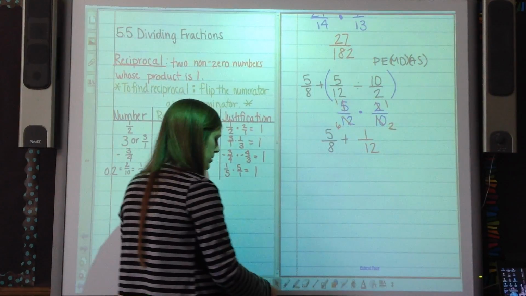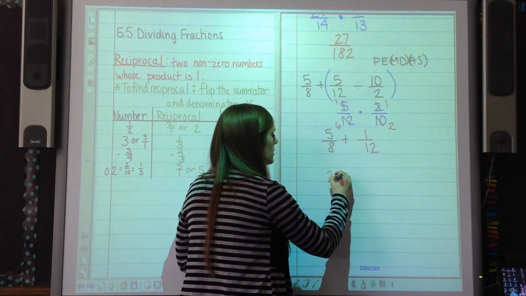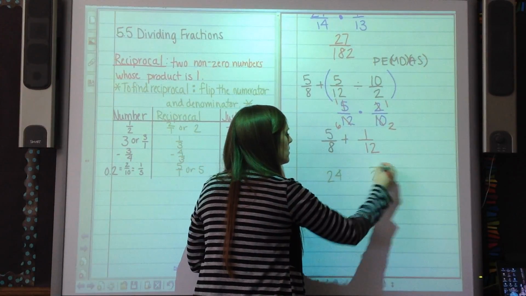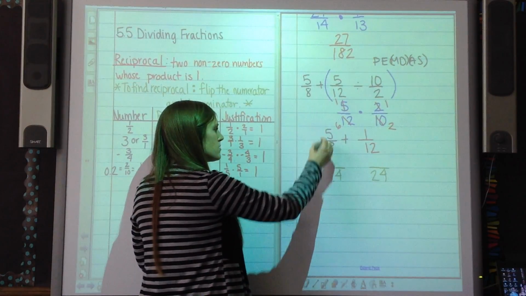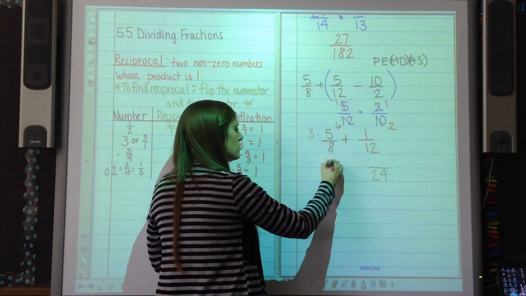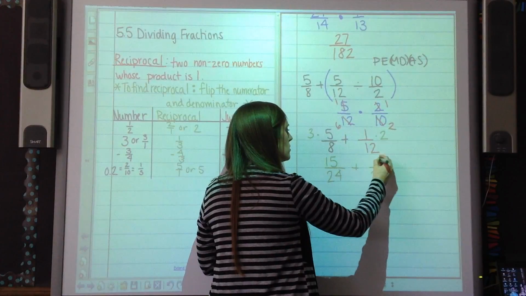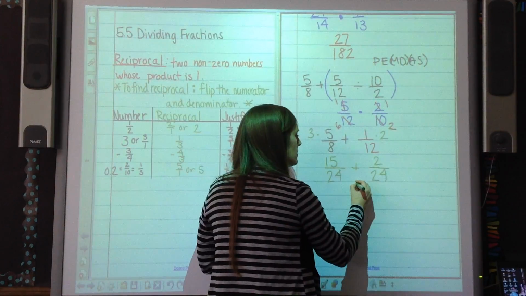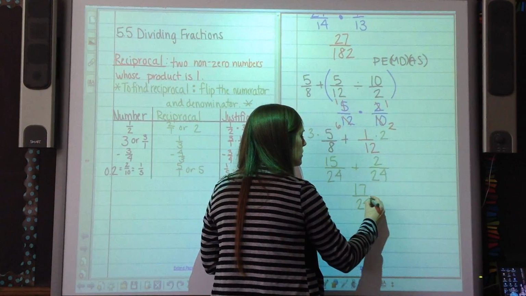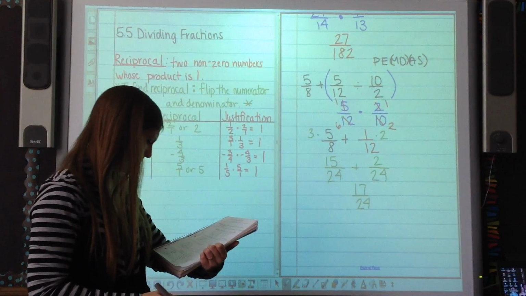So my common denominator that I'm going to use is 24. 8 times 3 is 24. So multiply the numerator by 3. 12 times 2. So I get 17/24.